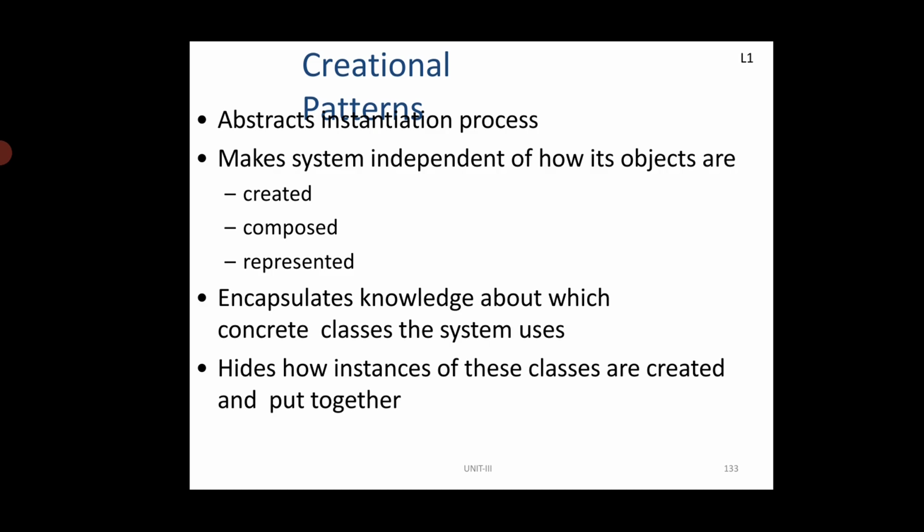We have to learn about what, who, how and when: how an object will be created, object initialization and the object mechanism.